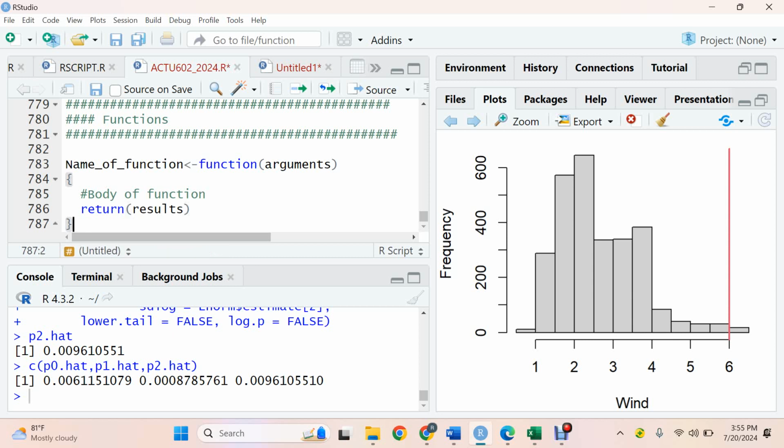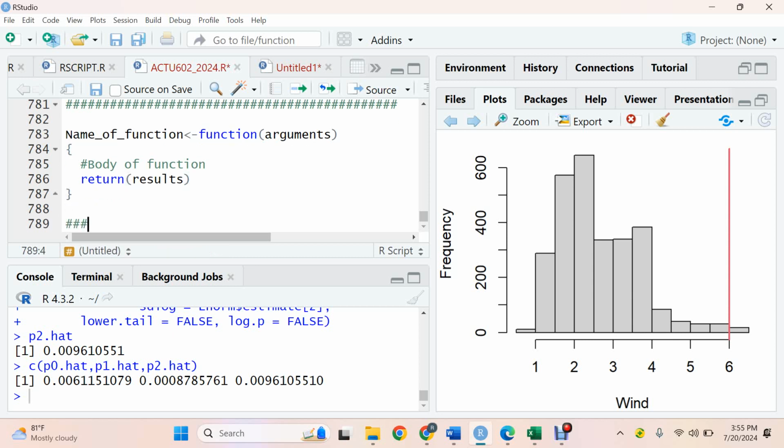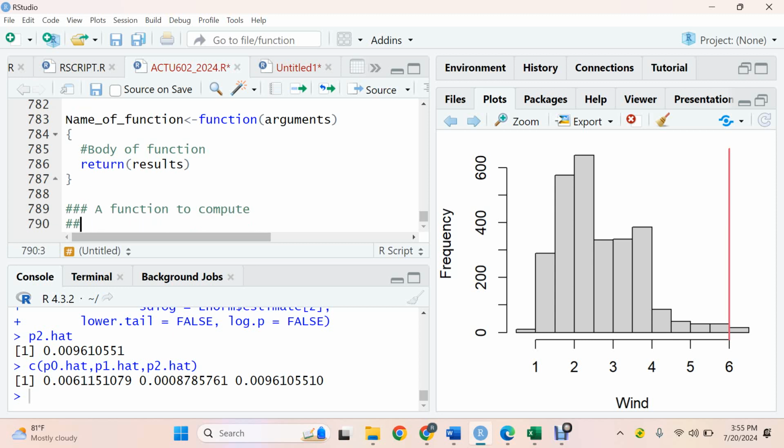So I'm going to do an example. A function to compute, let's take something like, let's say, BMI, the body mass index of a person.